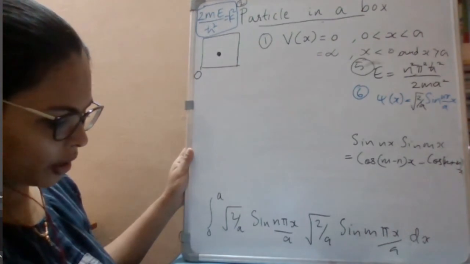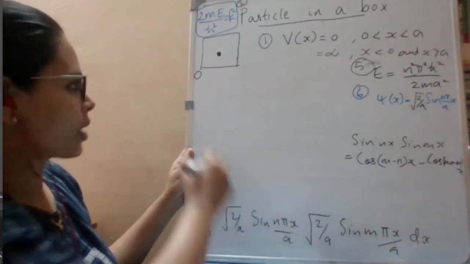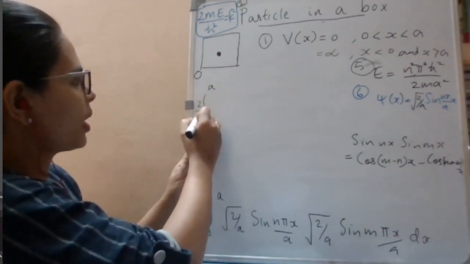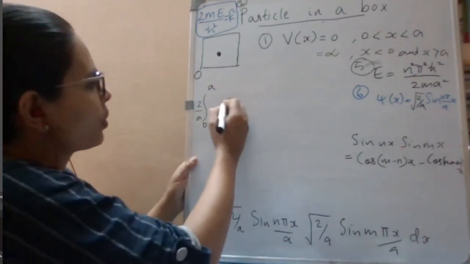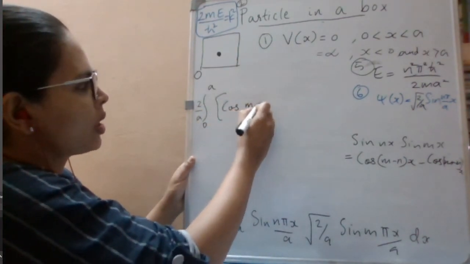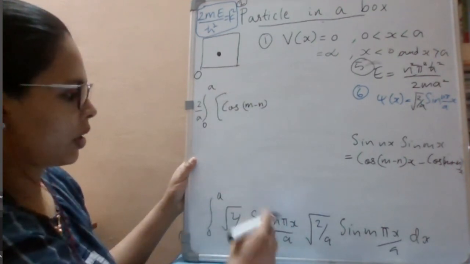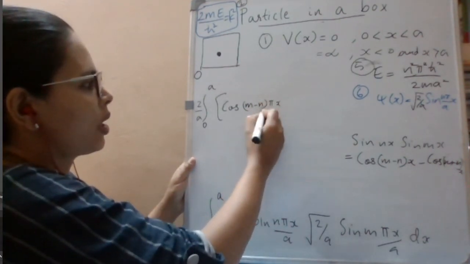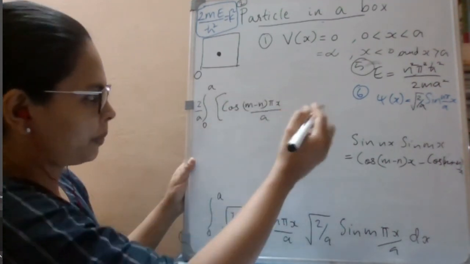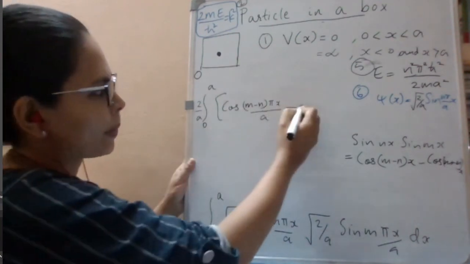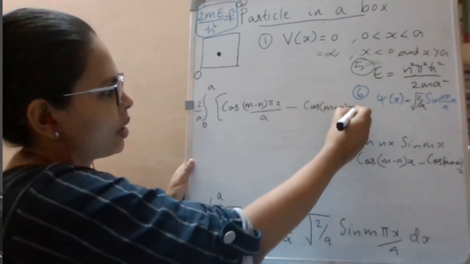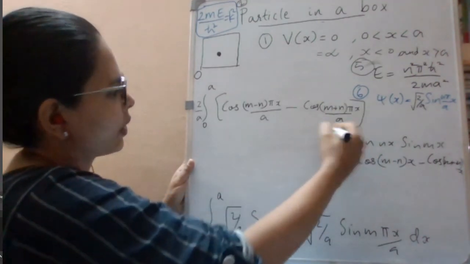So this is going to be our identity, and we will apply that. So our integral is 0 to a, 2 by a comes out. Now you have the first term cos (m minus n)πx by a, then minus cos (m plus n)πx by a, dx.